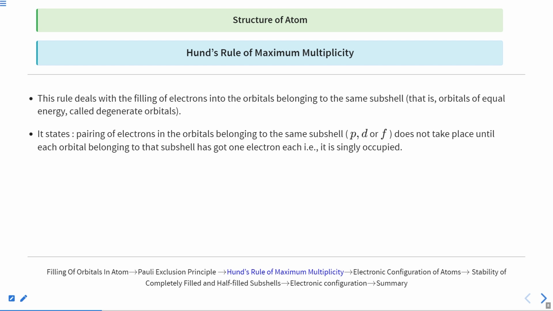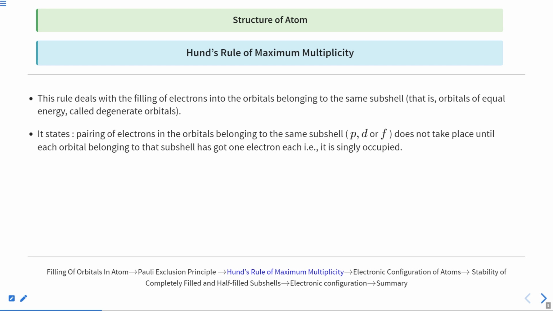Next is Hund's rule of maximum multiplicity, which says that if you are filling the orbitals belonging to the same subshell, pairing of electrons in the orbitals does not take place until each orbital belonging to the subshell has got one electron each. So what is the meaning of this? Basically it is related to pairing of electrons.